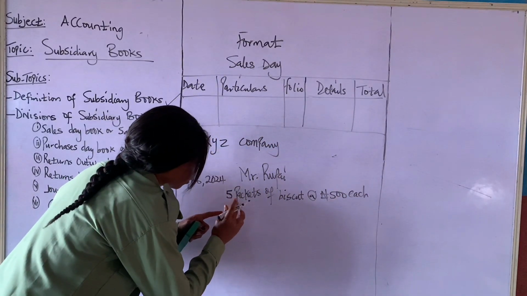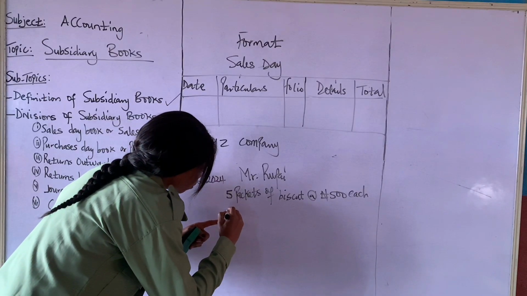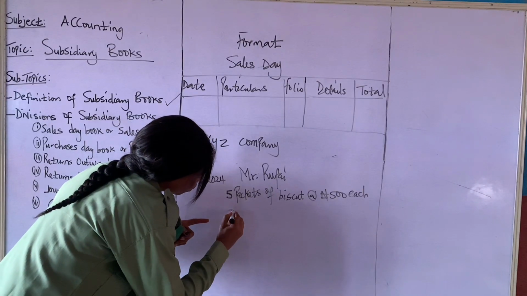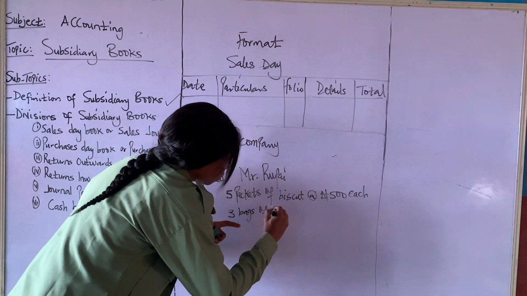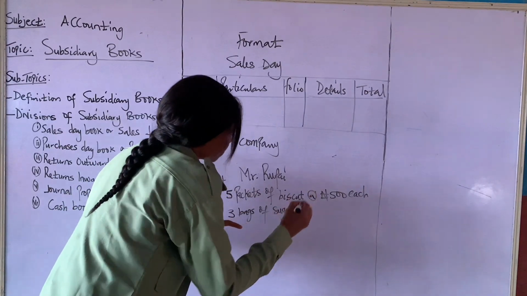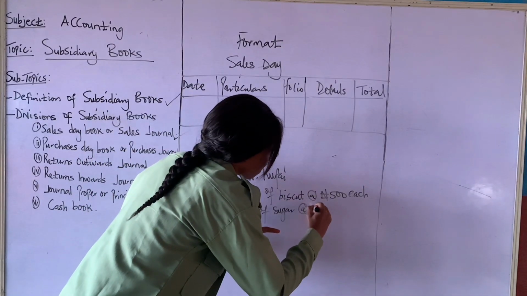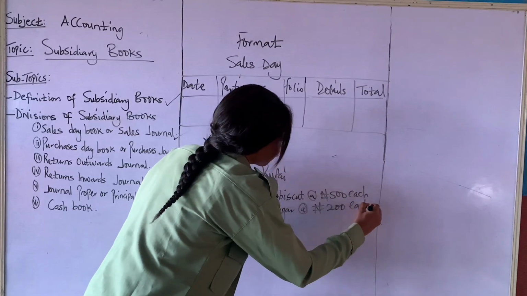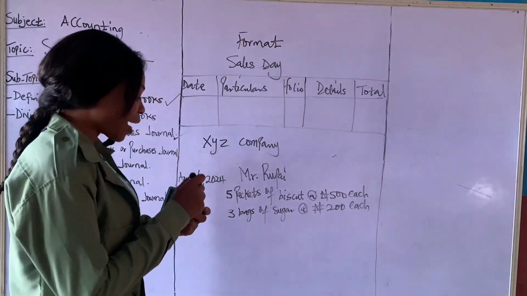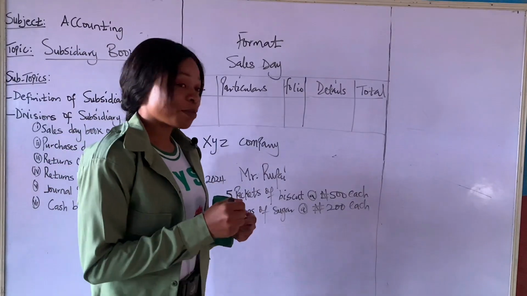And on that same date, he also purchased 3 bags of sugar at the rate of 200 naira each. And XYZ company decided to grant him some discounts.